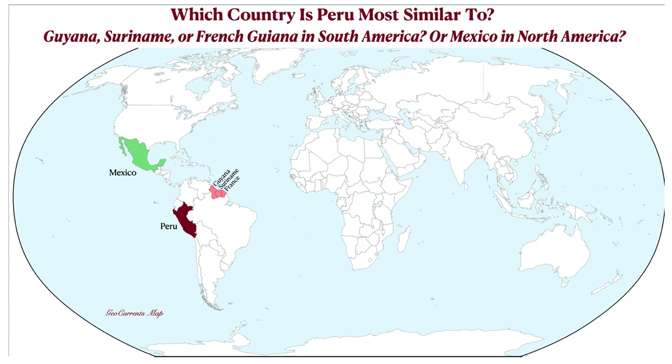So Mexico and Peru have a great number of commonalities in terms of their cultural constitution and background, whereas in Guyana and Suriname, most of the population is descended from people from Africa and from India, South Asia, after the end of slavery. People from India, and in the case of Suriname, Indonesia, were brought in by colonial governments to cut sugarcane. French Guiana also has a population mostly of enslaved African descent.